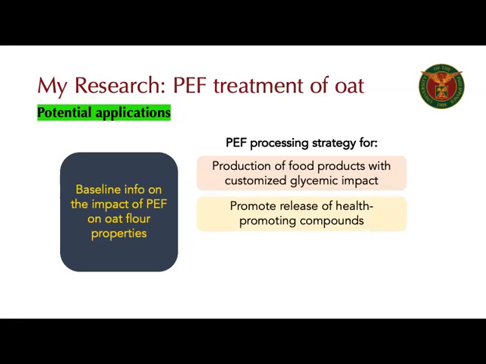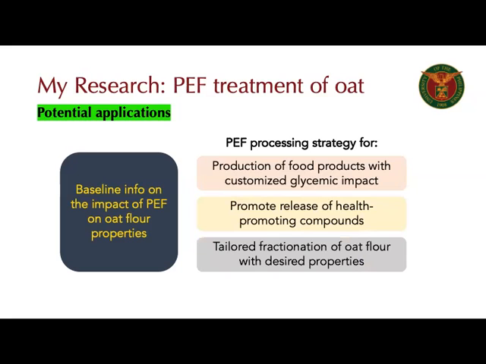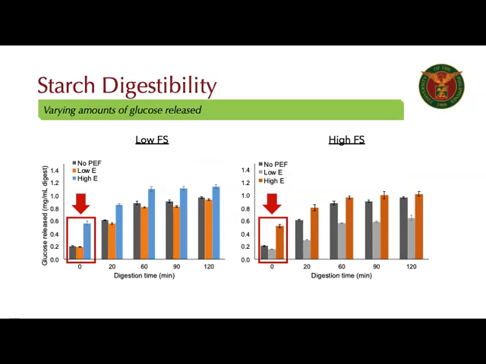PEF can also be used to promote the release of health-promoting compounds. And PEF can also be used to tailor oat flour with desired properties. Kung ano yung mga kailangan natin or gusto nating properties ng ating oat flour, then we can tailor it using PEF processing or PEF treatment, okay?